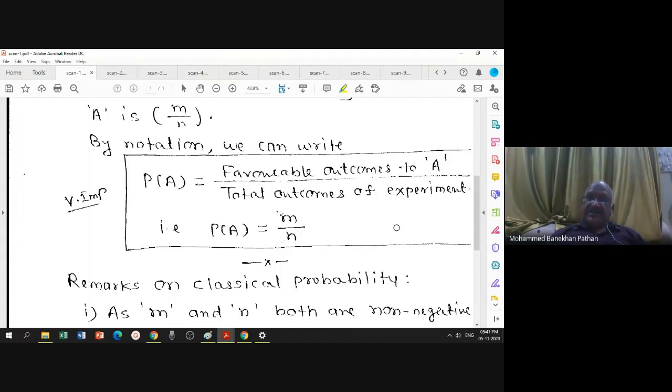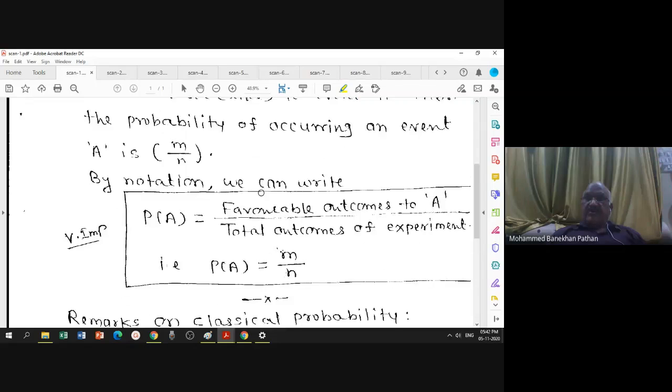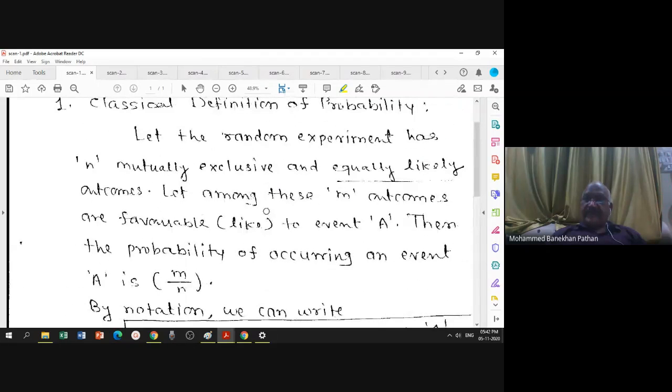But in examination, if they ask you define a classical definition, writing this much is not enough. You have to elaborate like this. First sentence says, random experiments should provide mutually exclusive, that means disjoint, and they should be equally likely outcomes.